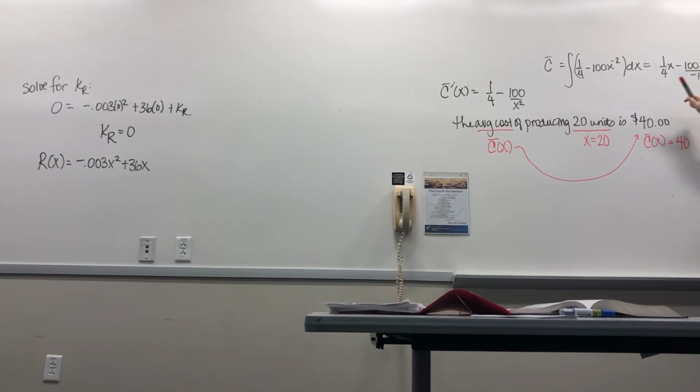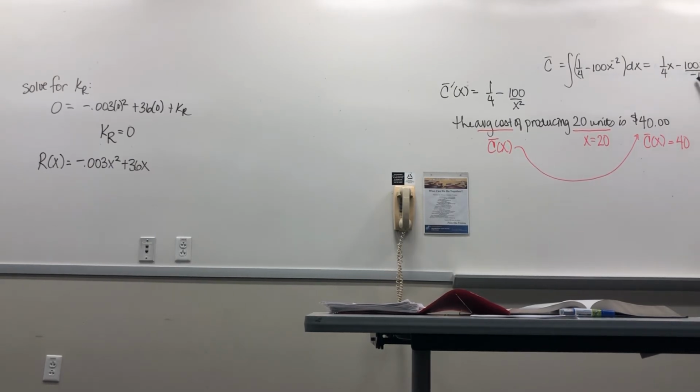So n is -2, so n plus 1 is going to be -1, right? Groovy? So let me make this pretty. C bar equals 1/4 X plus 100 over X plus K sub C bar.